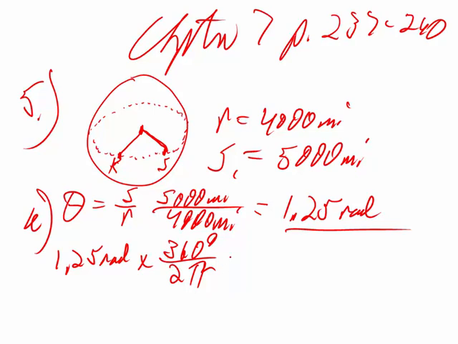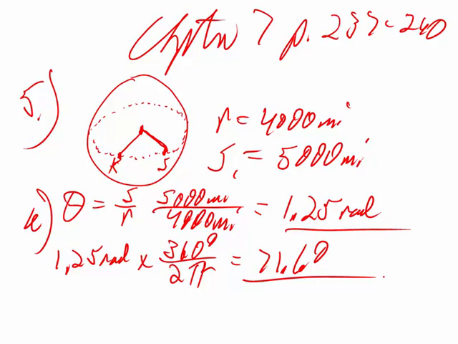That'd be fine. And so what do we get? We get 1.25 times 360 divided by 2 times pi, and you get 71.6 degrees. Okay, so there it is in degrees and radians.